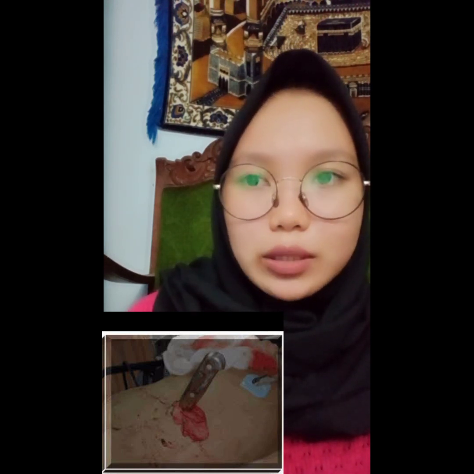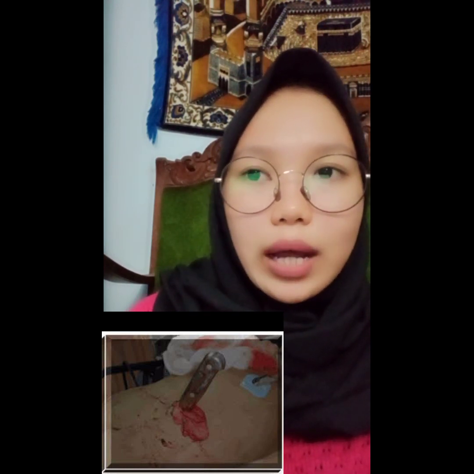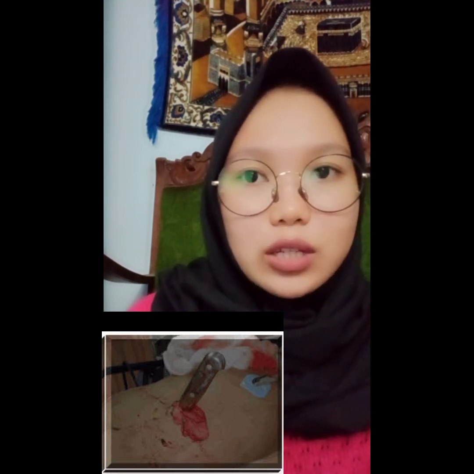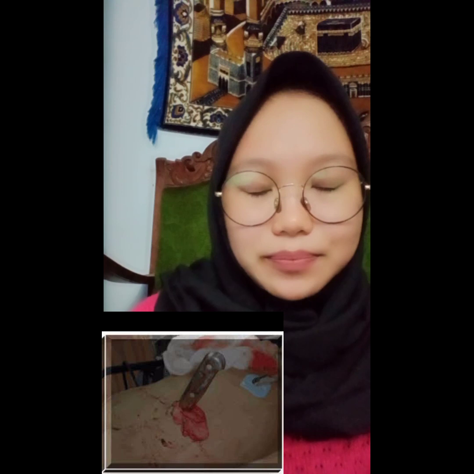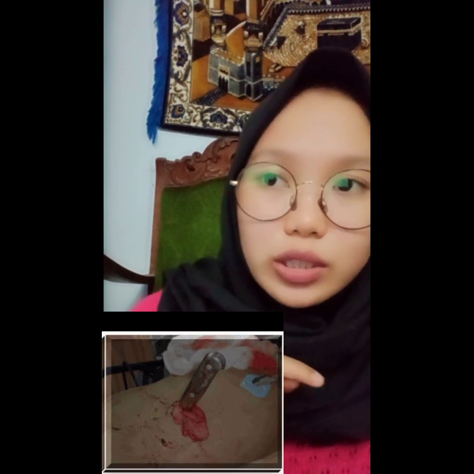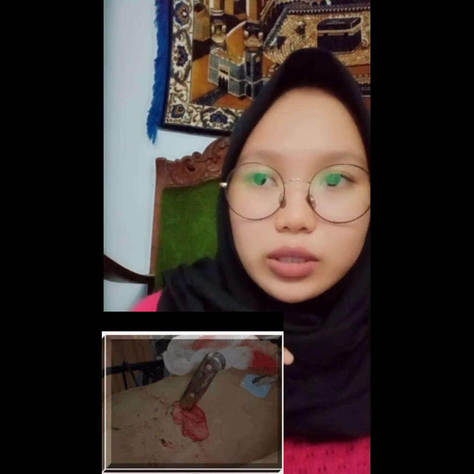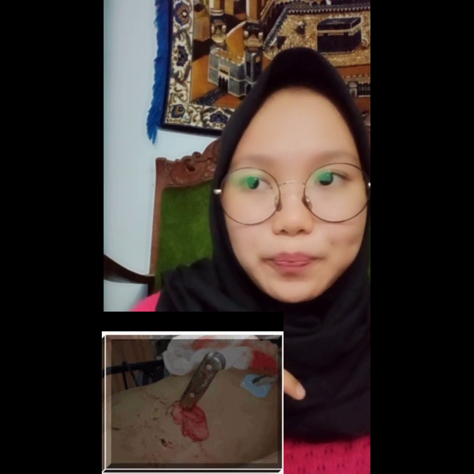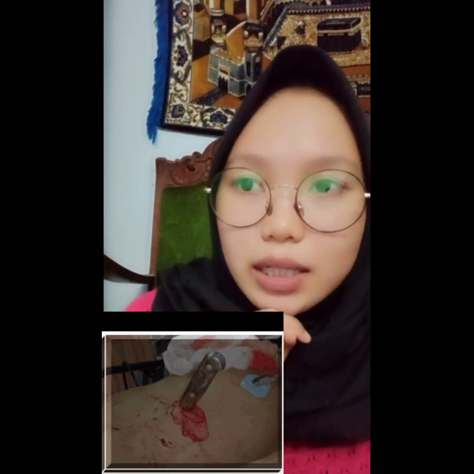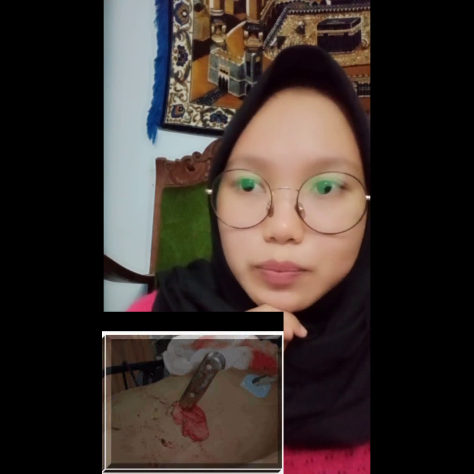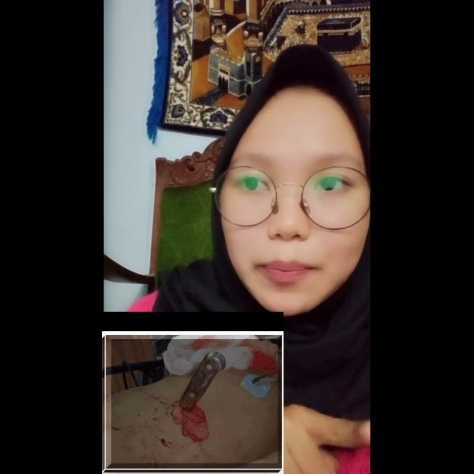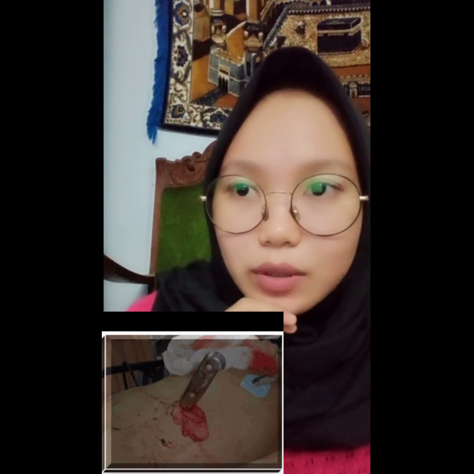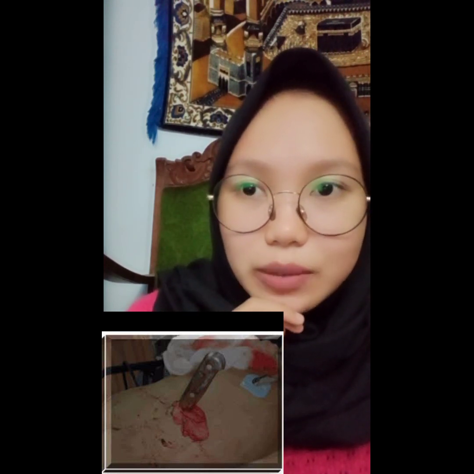Vulnus perforatum due to an infestation process that has impacted so that it passes through the cell membrane or epithelium of tissue. Number one, sharp cause, because of sharp whips, with the spread of infection process.